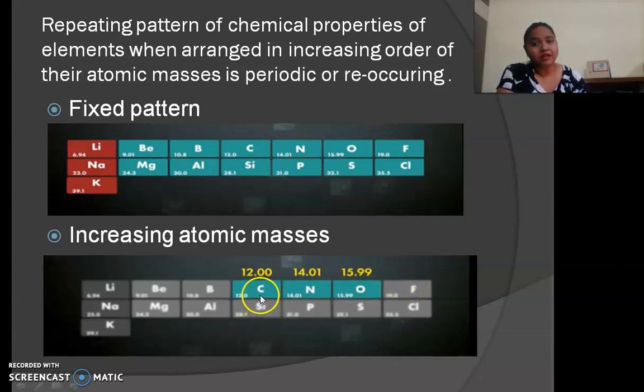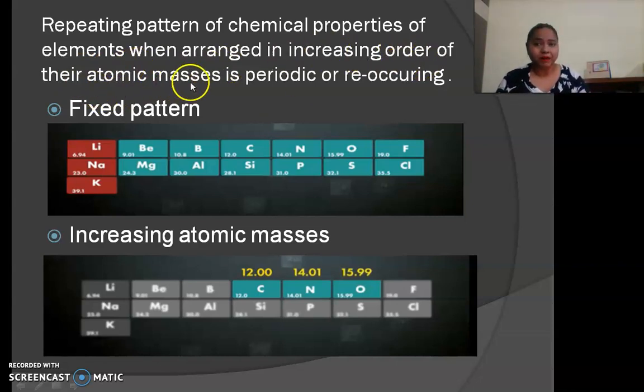For example, carbon 12, nitrogen 14.1, oxygen 15.99.